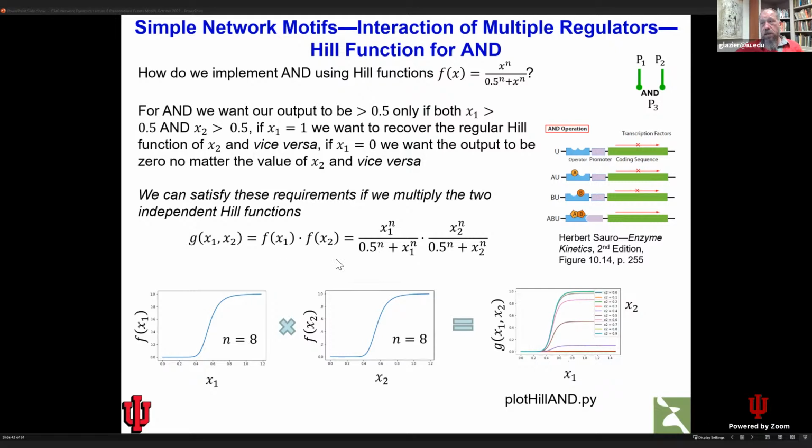And in this case, we can get our output that we want by simply multiplying the Hill function for signal 1 times the Hill function for signal 2. That will give us our desired output. If signal 1 is turned off, it doesn't matter what signal 2 does. If 1 is turned on fully, then 2 is our regular Hill function. And it always goes between 0 and 1. It never goes above 1 or below 0.